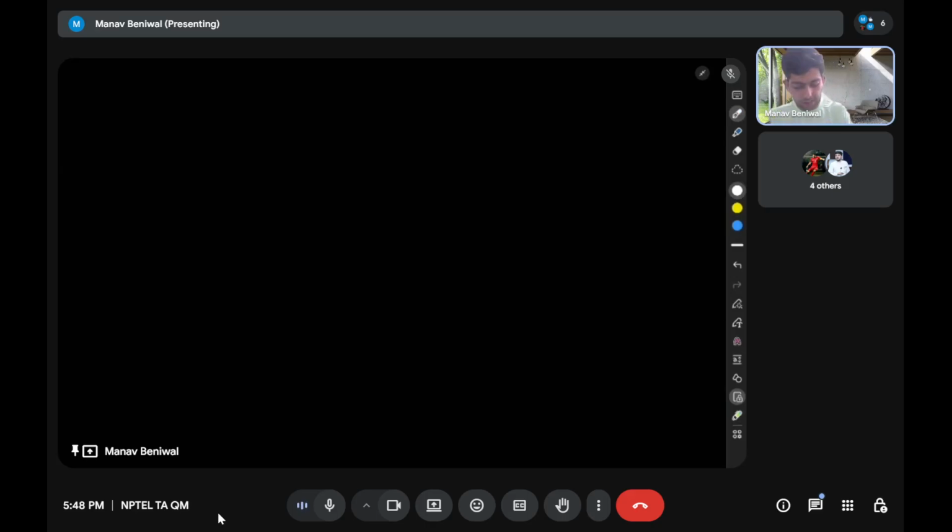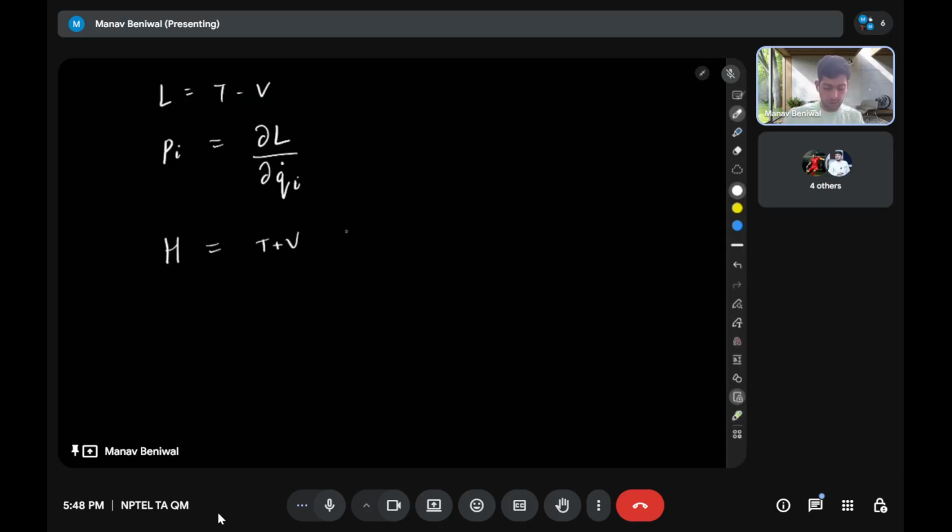So in the last class we defined our Lagrangian like this, where T is the kinetic energy and V is the potential energy. We also defined our conjugate momentum like this. And our Hamiltonian H, which is generally T plus V, can also be written as qi dot pi minus L. So this is the Hamiltonian.